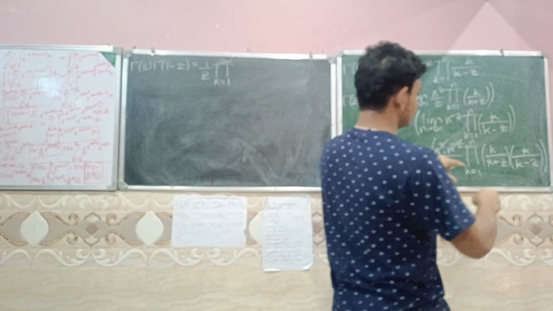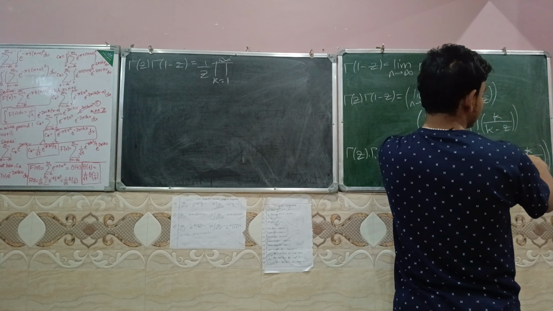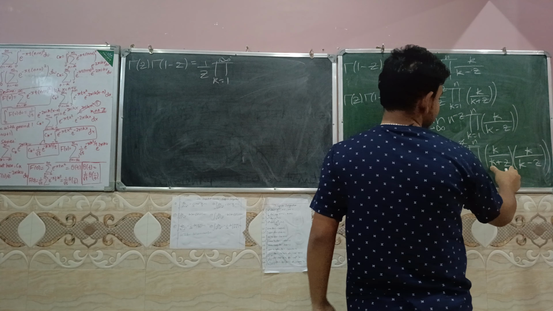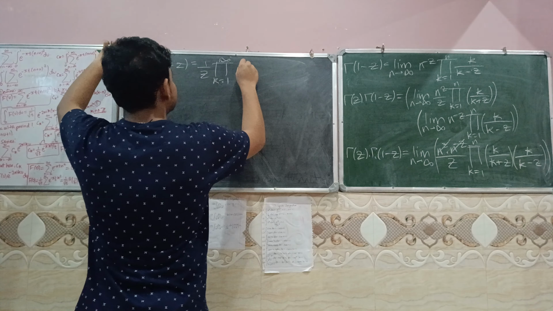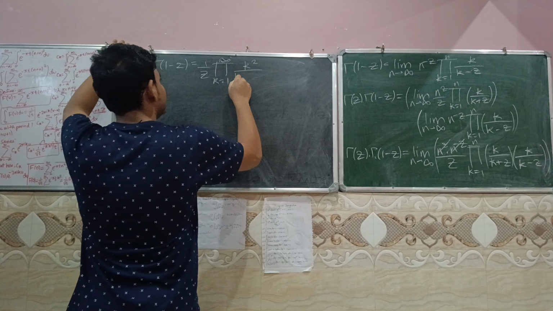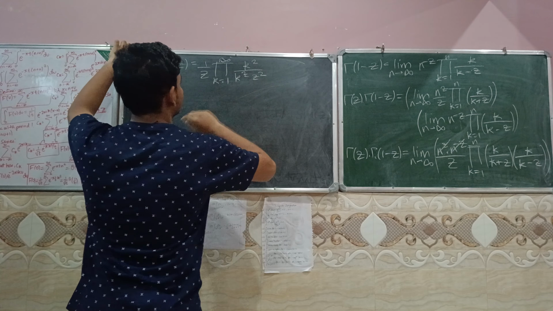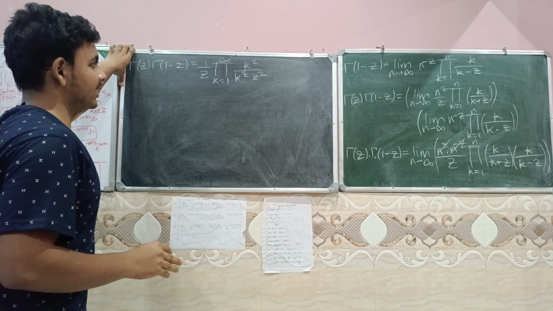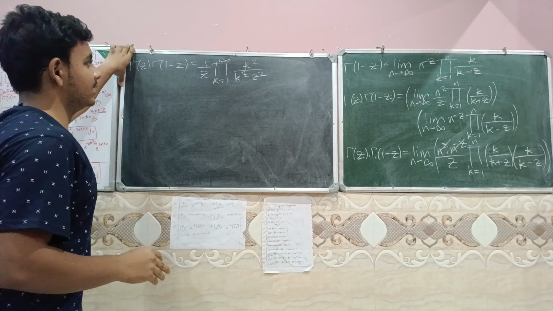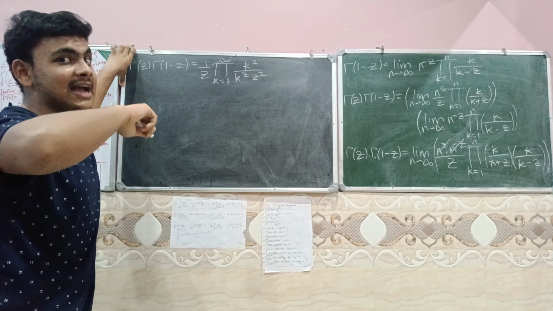And you know what, this k times k is k squared, and this k plus z times k minus z is k squared minus z squared, right? So basically we are having k squared over k squared minus z squared. So we are having this much after solving thoroughly what we just began with.